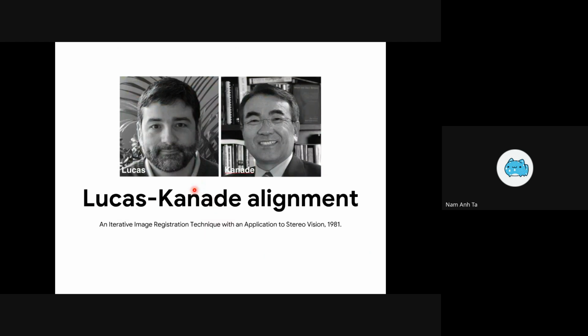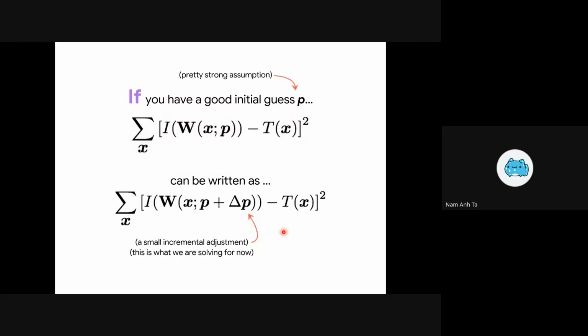So we are moving into one of the most foundational methods in computer vision, the Lucas-Kanade algorithm, which was first introduced in 1981. Its genius lies in how it treats image alignment as an optimization problem. The core idea here is incremental refinement.